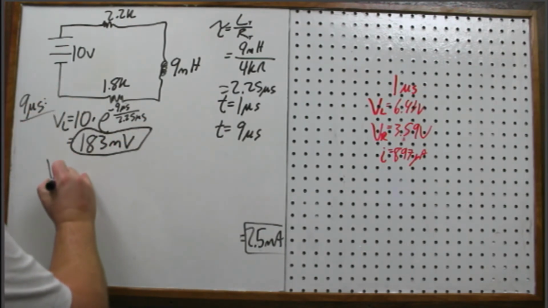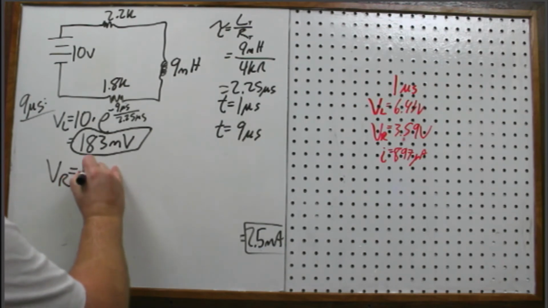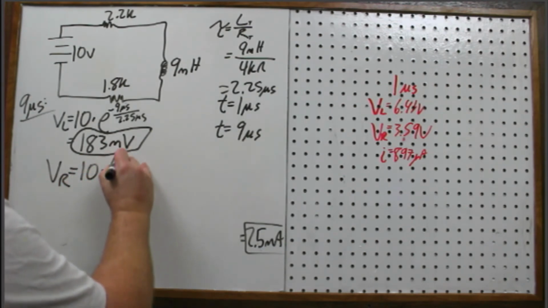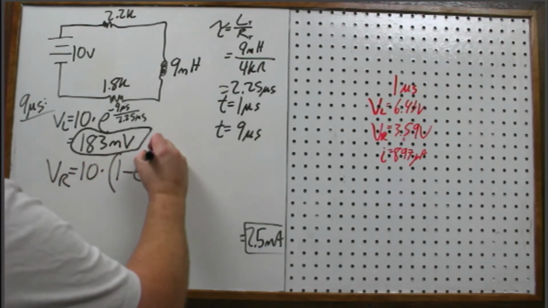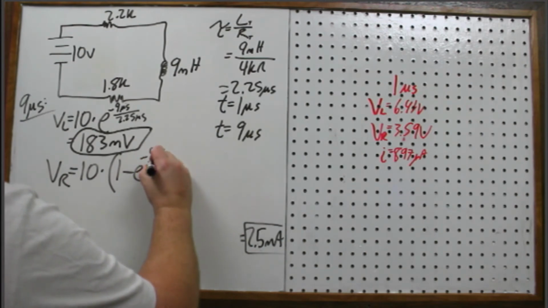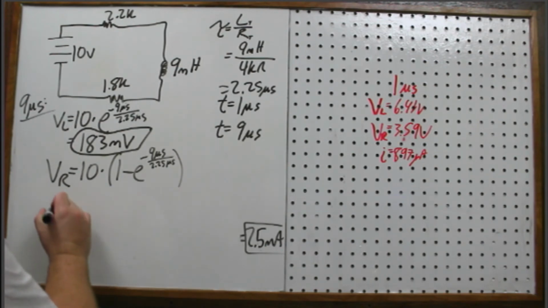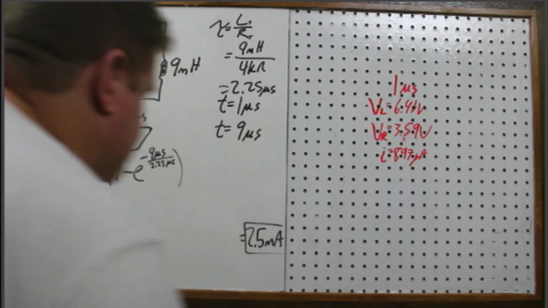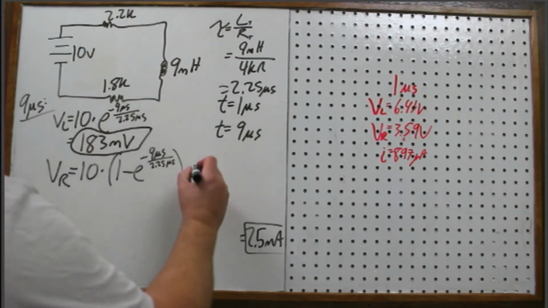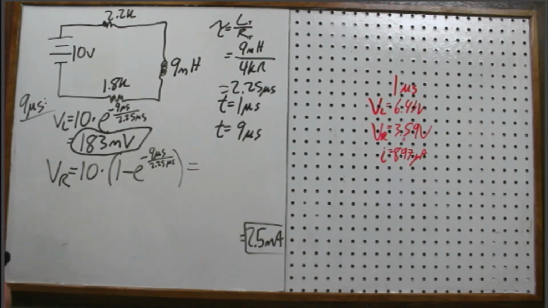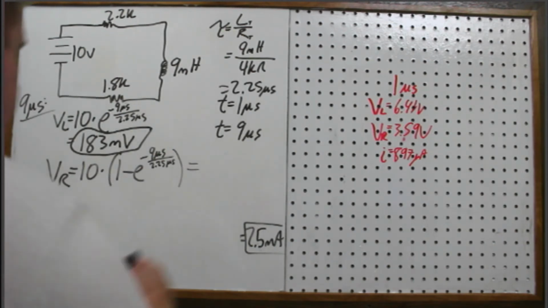So voltage of resistance, 10 times the growth, 1 minus e to the negative 9 micro over 2.25 micro. Let's see what that is. I'm going to write that one off to the side here too. Add in the 1 minus, and I get 9.82.